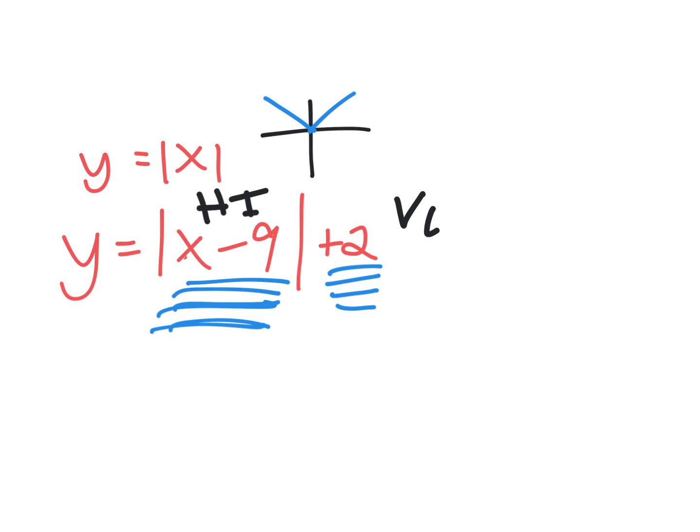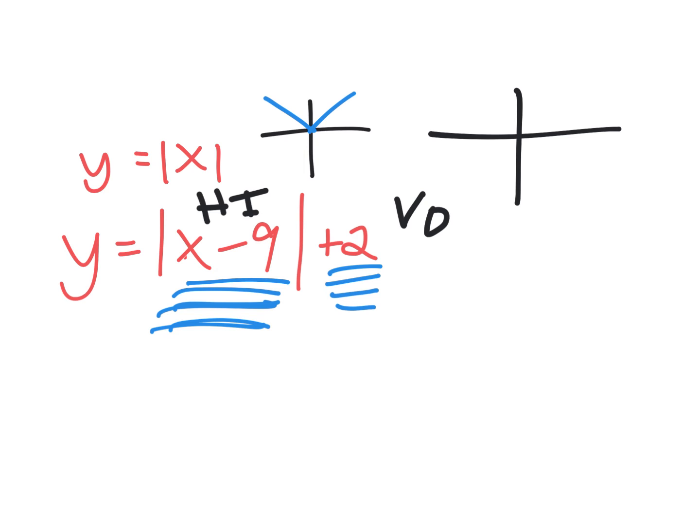Vertical moves are on the outside. So draw where you moved the thing, and their V should now be in a different place. Compare with the kid next to you. I'll pause for a second while you do that.